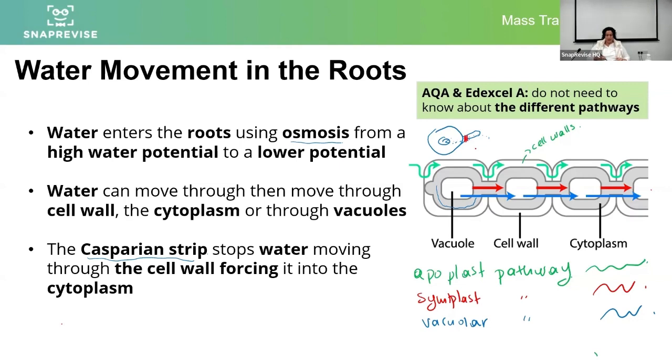The Casparian strip is made of a waxy substance, and waxy substances don't allow water to move through them. So it effectively forces the water to quit the apoplast pathway and travel intracellularly, which is important to be able to control its movement more.